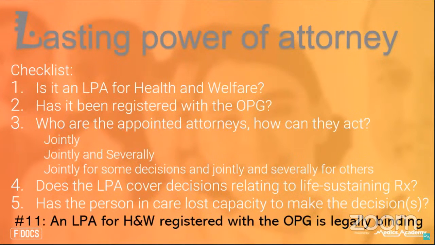So as a healthcare professional, you can take the word of either attorney in a decision. Or, just to make things a little bit more complicated, they could choose to appoint them jointly for certain decisions and severally for others.